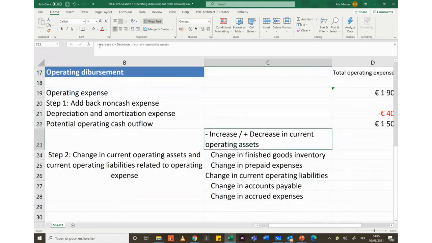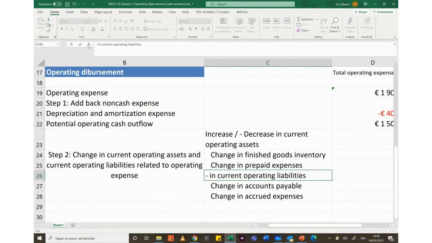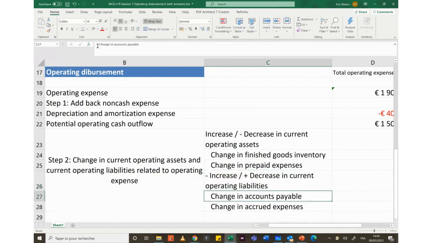We increase the cash outflow, we decrease the cash outflow. Here is the reverse. If we don't pay, we decrease the cash outflow. If we pay, we increase the cash outflow. So because here we are talking about the cash outflow only, okay?